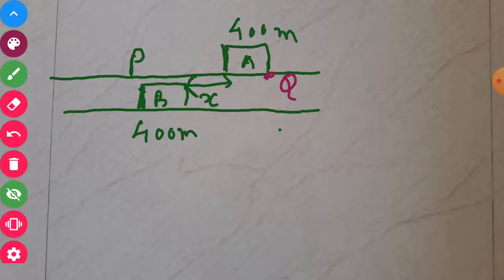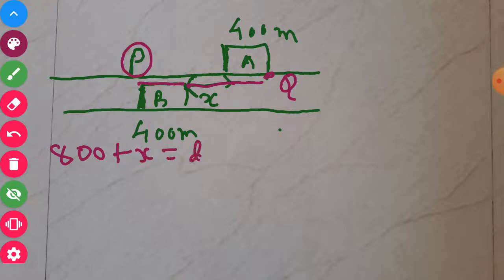You can easily say that it has to travel 400 plus x plus 400. So the total distance P has to cover to say hello to the engine driver of train A will be 800 plus x. So distance covered will be 800 plus x.